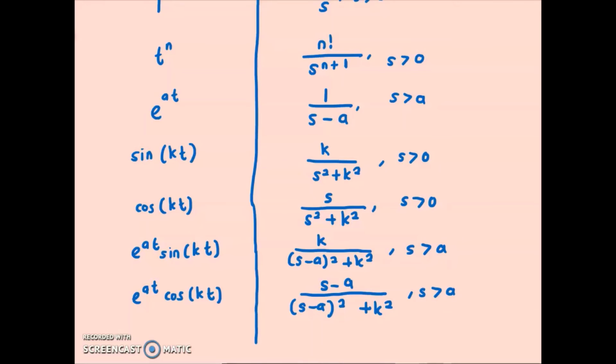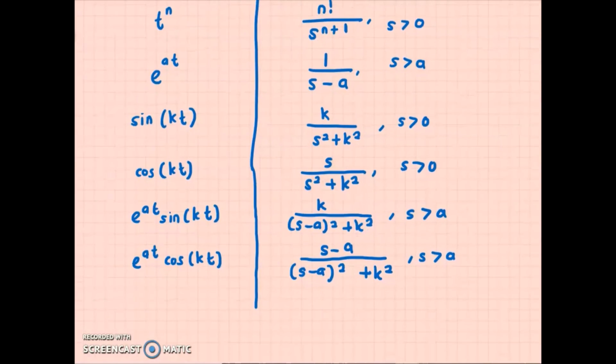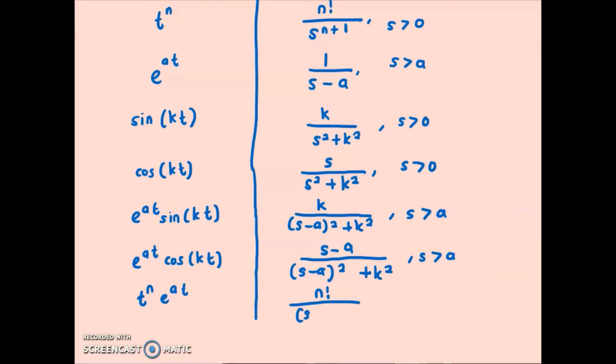Obviously, we can have so many simplified versions of this Laplace transform. I want to write one last, which is the one we looked at in the previous video: t to the n e to the at is given by n factorial over (s minus a) to the n plus 1, for s greater than a. Okay, these are some of the Laplace transforms.